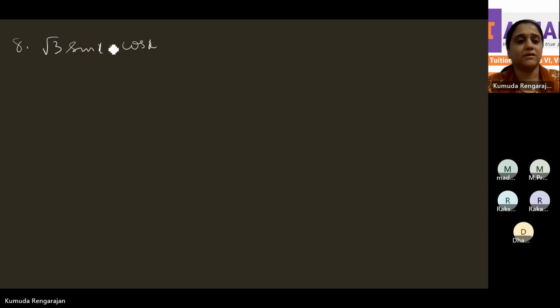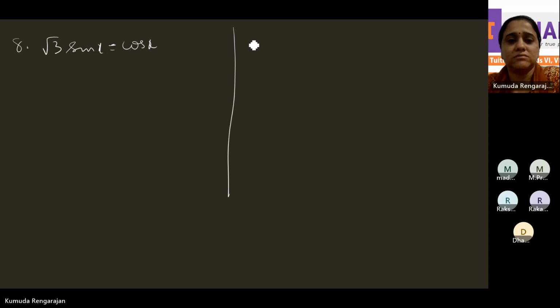Okay, next one. Root 3 sin x is equal to cos x. So you can do it in different ways. See, different ways meaning one way only, but present it differently.